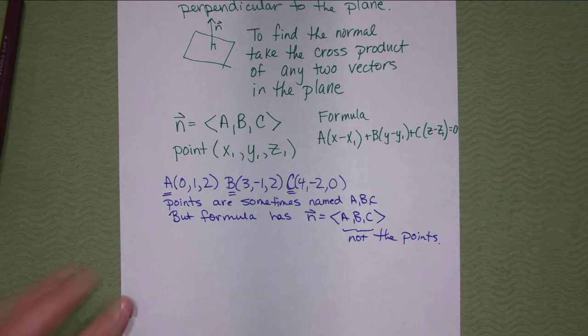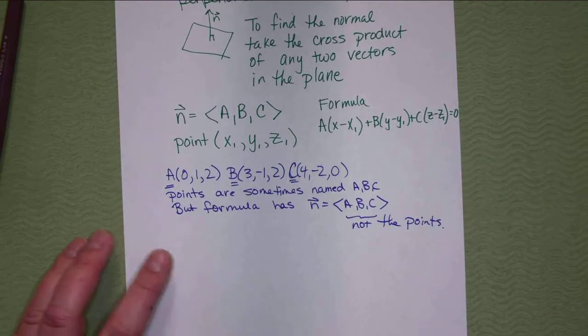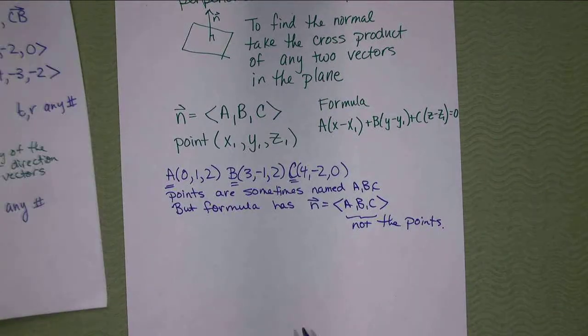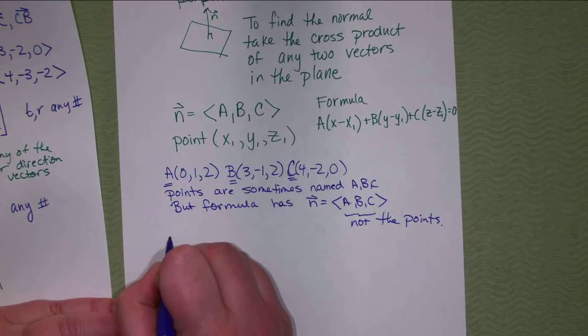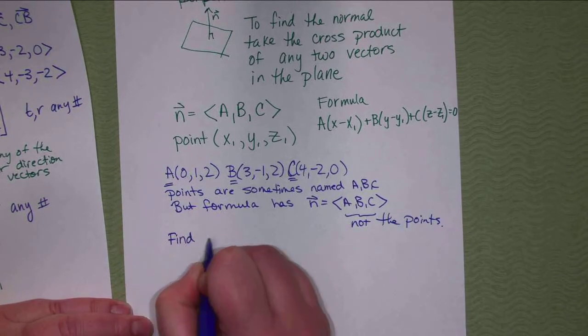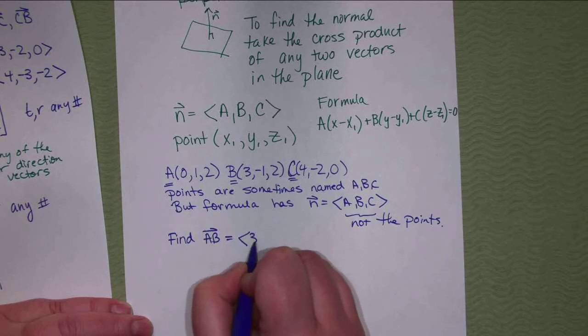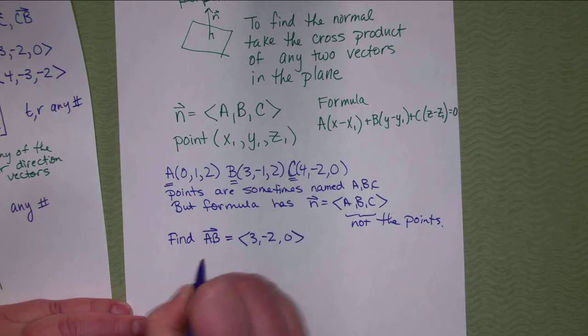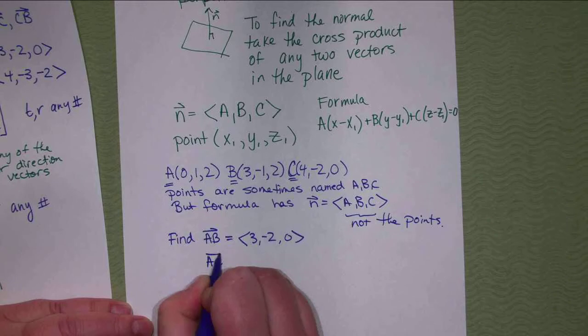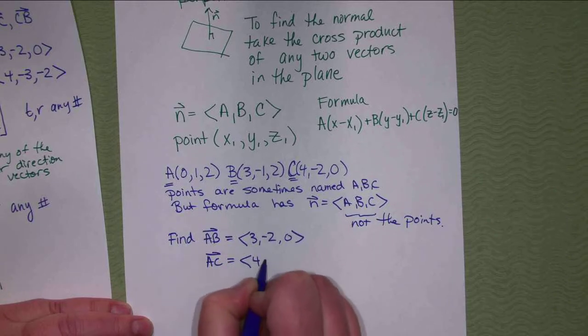Okay, so we found two vectors, AB, we already found them, so I'll just write them down. AB was 3, minus 2, 0, and AC was 4, minus 3, minus 2.